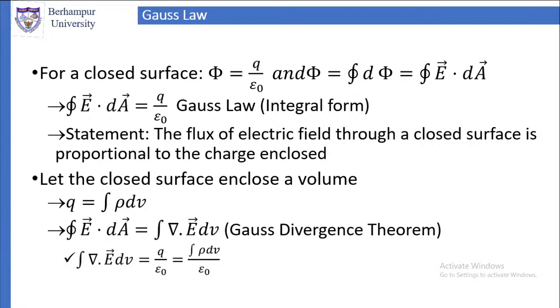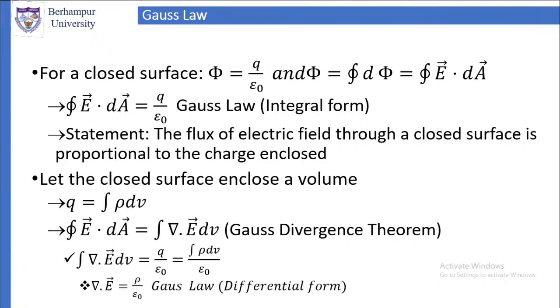And so now integration of divergence of E dV is equal to Q by epsilon 0, because integration of E dot dA is equal to Q by epsilon 0. Now Q is equal to integration of rho dV.